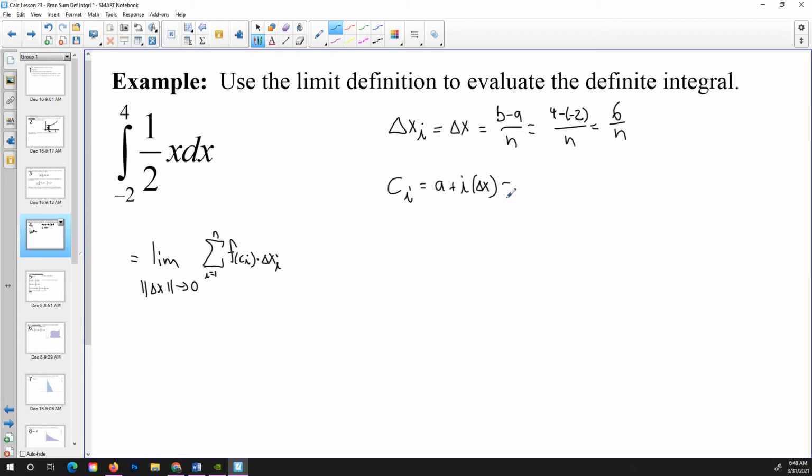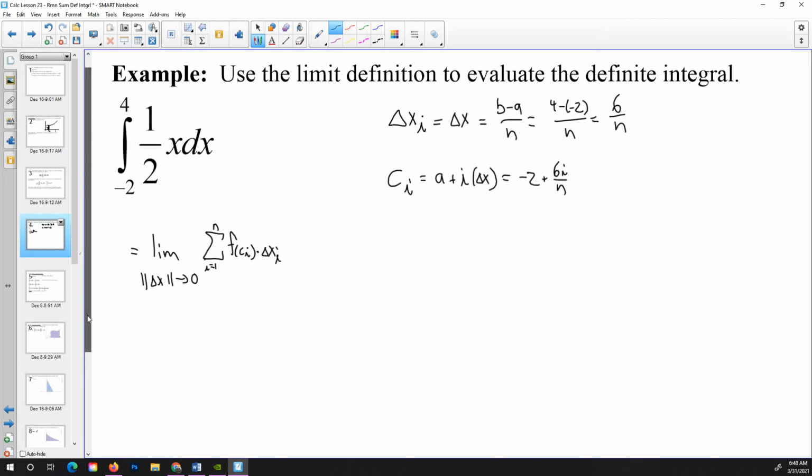In this particular instance, since a is negative 2, we can put a negative 2 there. And then since our partition width is 6 over n, we're going to go plus 6i over n.